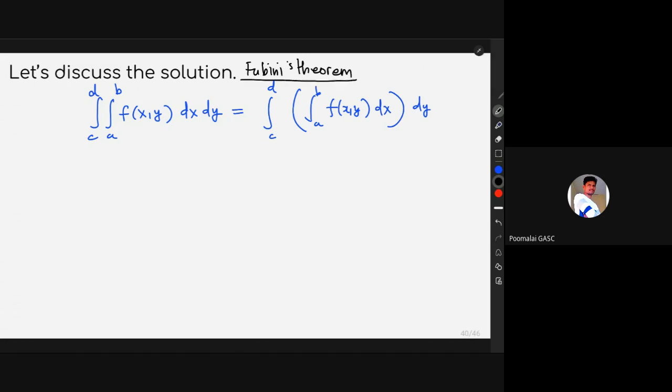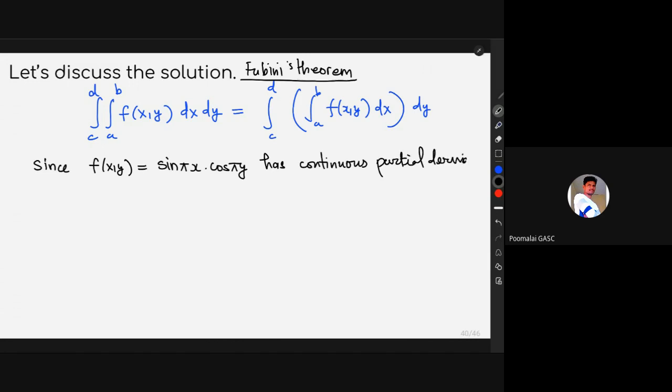To apply Fubini's theorem, you only need your function f to have continuous partial derivatives. Since f(x,y), which is sine pi x times cos pi y, has continuous partial derivatives, we can apply Fubini's theorem.